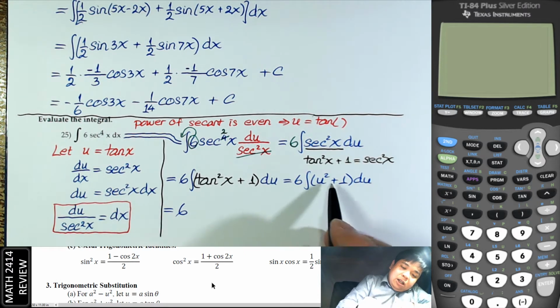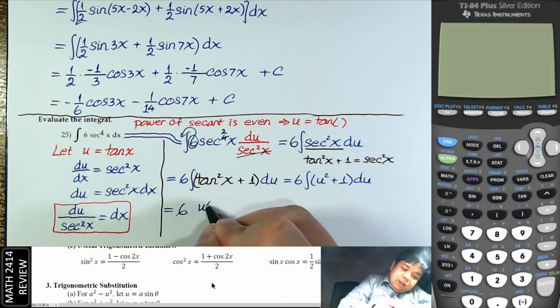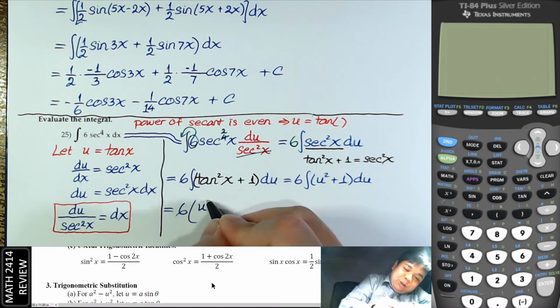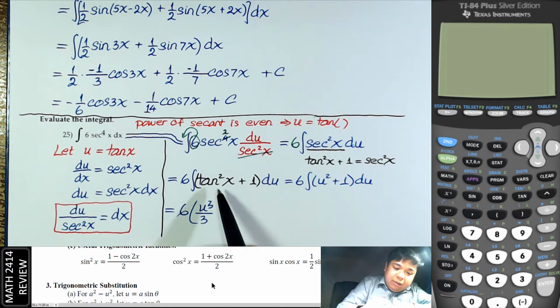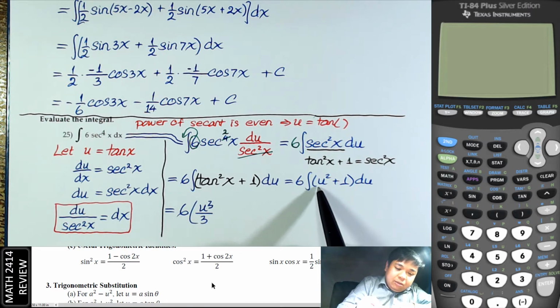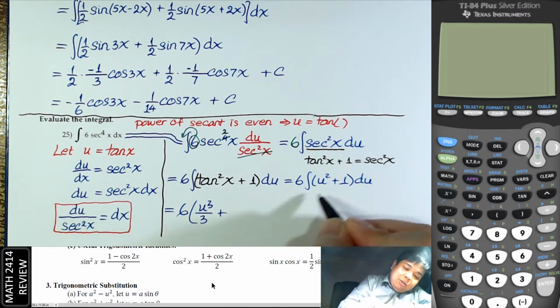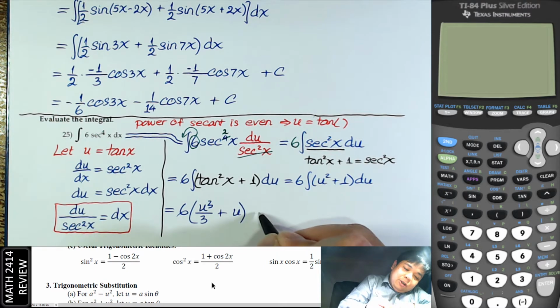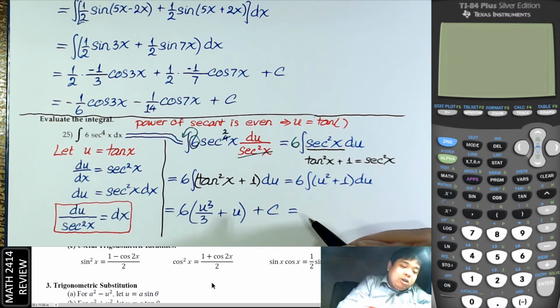6 times, integral of that is u cubed over 3 plus u plus c. And finally, u is tangent of x.